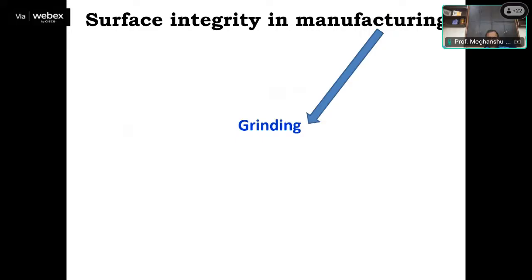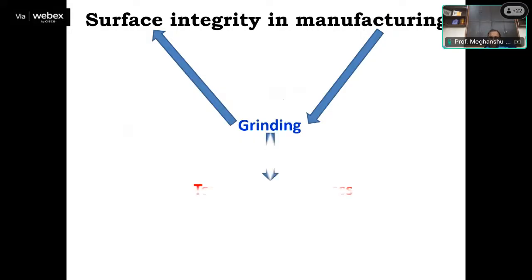And in manufacturing, the quality or the surface finish is mainly governed by a process. That process is grinding. Unfortunately, in grinding, heat is generated, and this heat is not good for good surface integrity or good quality of the component.